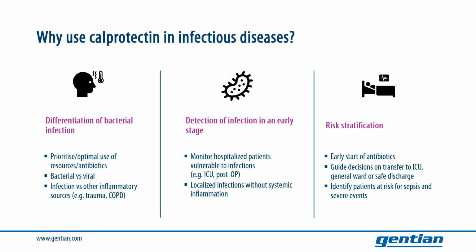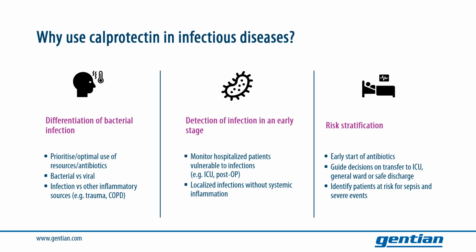Proper prioritization and optimal use of resources can help tackle this issue. By implementing appropriate diagnostic methods and correctly differentiate from viral infections and other inflammatory sources, we can ensure that antibiotics are prescribed only when necessary, reducing the risk of resistance and improving patient outcomes.